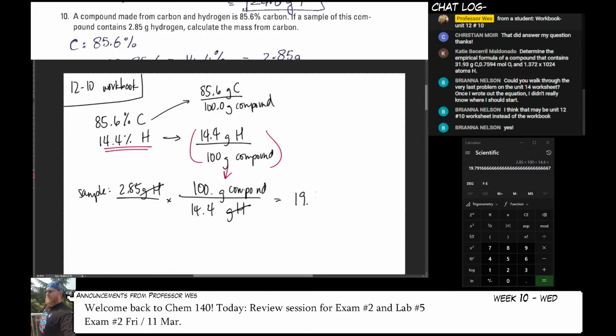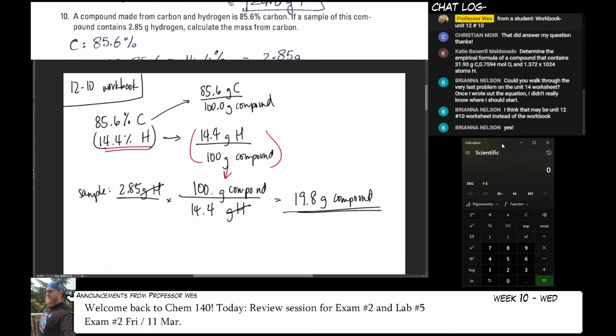That would be 19.8. So if I have 2.85 grams of hydrogen, I must have 19.8 grams of compound. And you can check this: what is 14.4% of 19.8? On my calculator, I multiply this number by 0.144, and I should get the 2.85 that I started with. And you totally do.